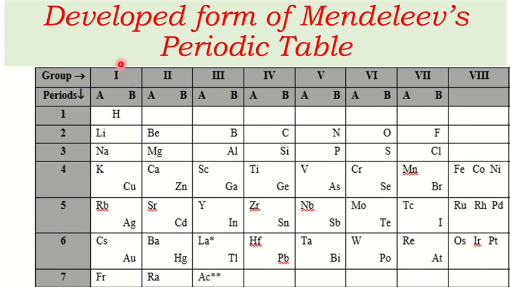The elements which form a vertical column of the periodic table are called a group. Here we have 1, 2, 3, 4, 5, 6, 7, 8 groups, and the elements which form a horizontal row of the periodic table are called a period. Here we have 7 periods. In this case we have 8 groups and 7 periods.